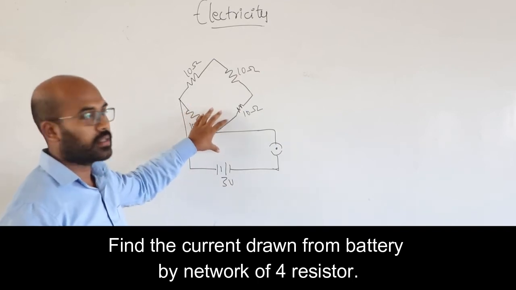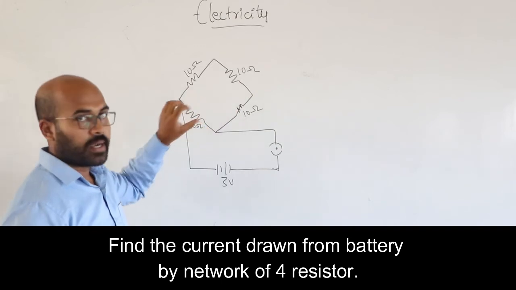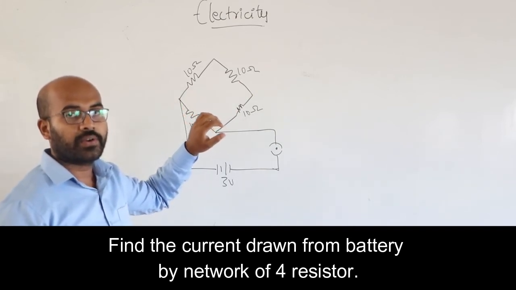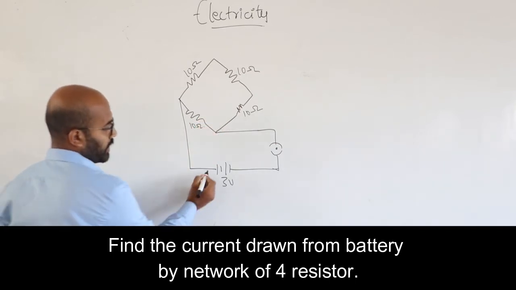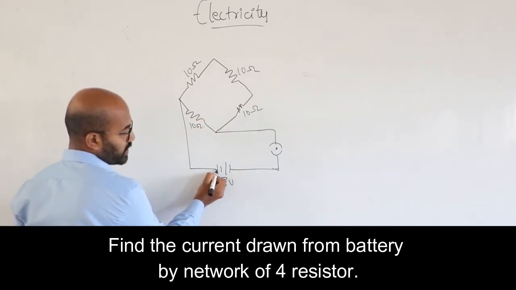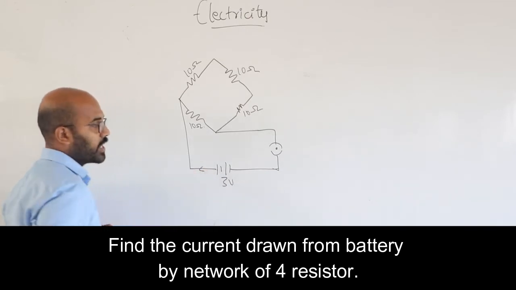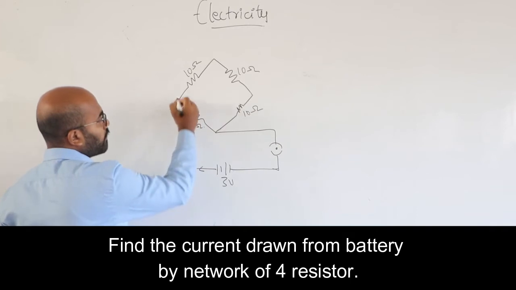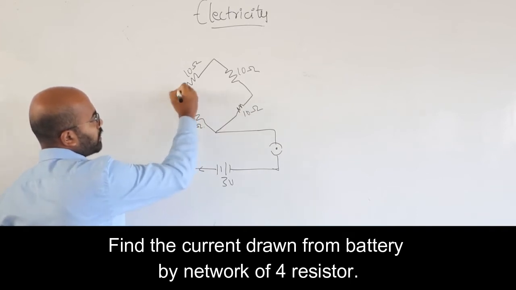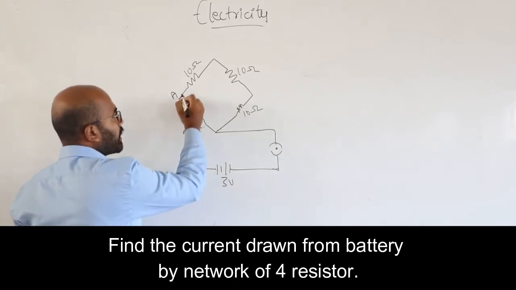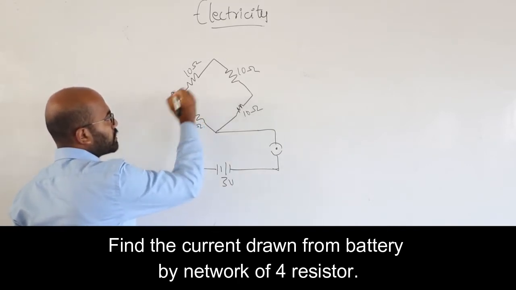Here if you look at this, you might be wondering whether it is series or parallel. So in that case what you do is, the current starts from the positive terminal and ends at the negative terminal. So this will be the direction of current. So when it comes to this point, assume it is A. At A, the current splits.